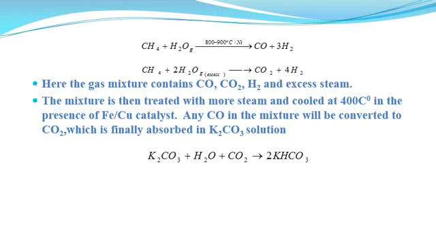Any carbon monoxide in the mixture will be converted to carbon dioxide, which is finally absorbed in potassium carbonate solution to obtain potassium hydrogen carbonate, one of the most soluble compounds.